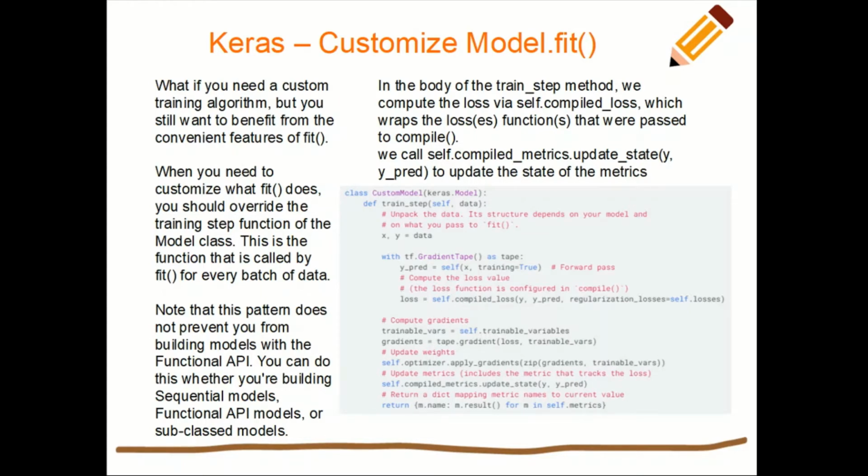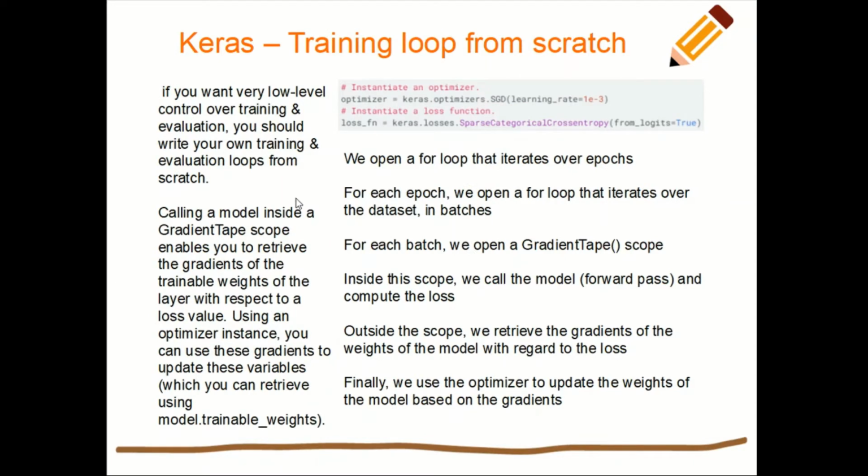But what if we wanted to take charge of the whole training loop completely? We had earlier seen that the fit method takes care of batching, and it takes care of splitting the data into validation data, etc. But if we do not want that, and we want to create our own training loop, we can do that as well.